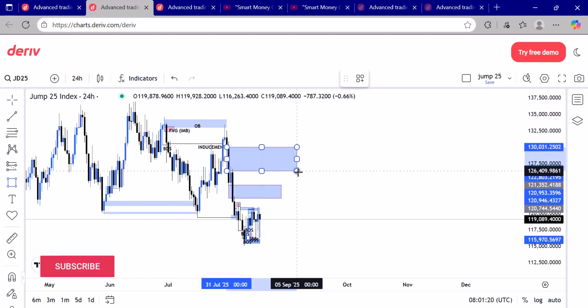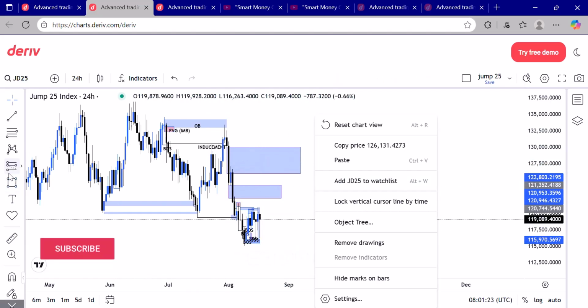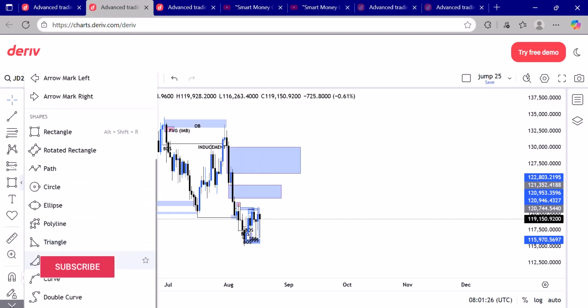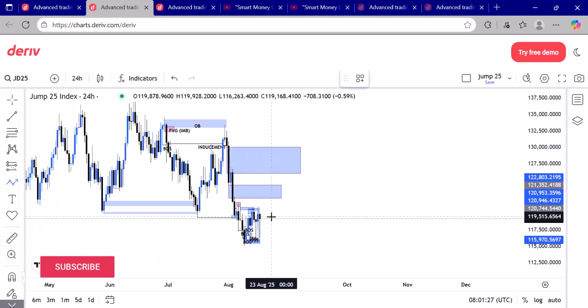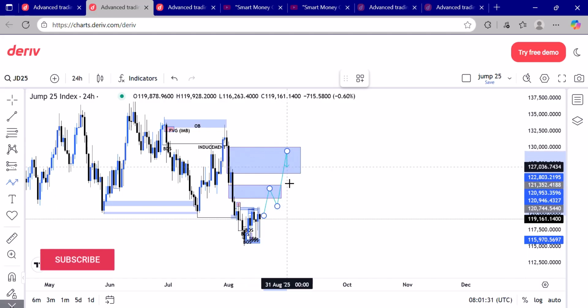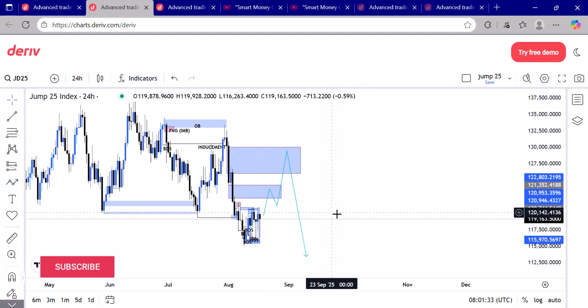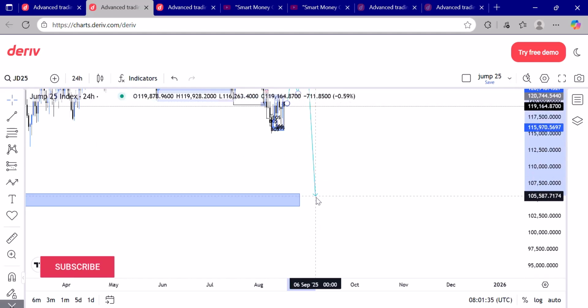So we can have price reacting like this, coming here, filling here, retracing, filling all this void before it finally goes down to this.